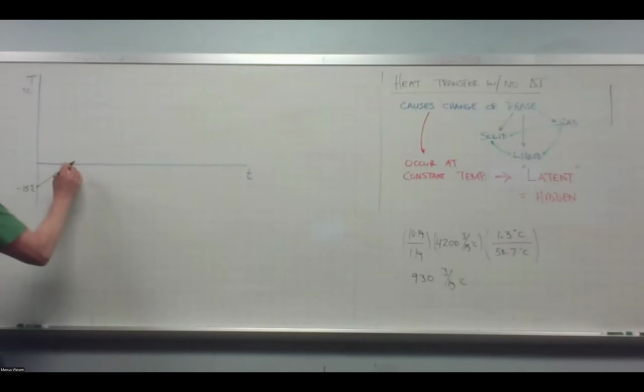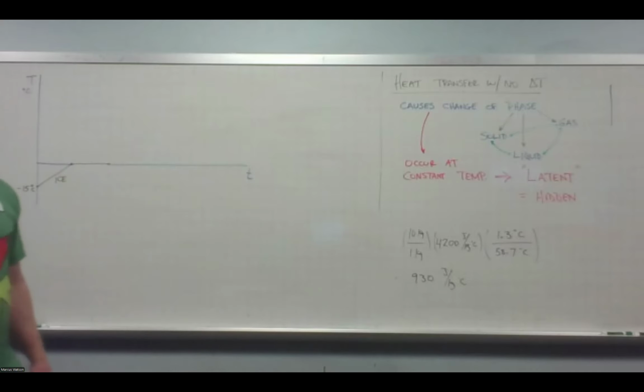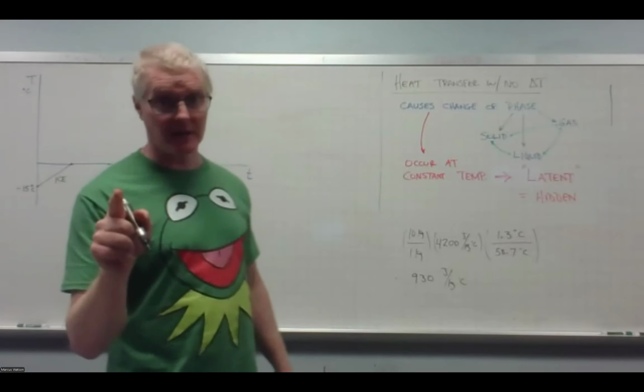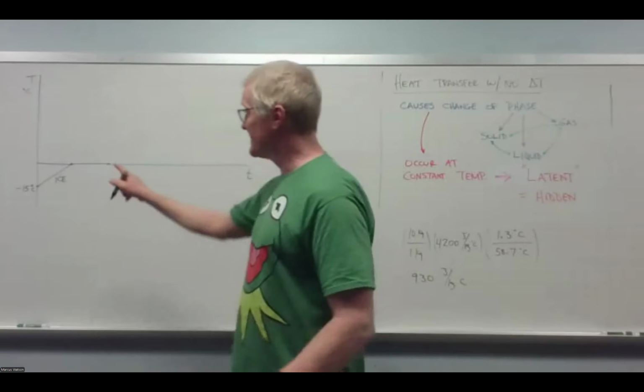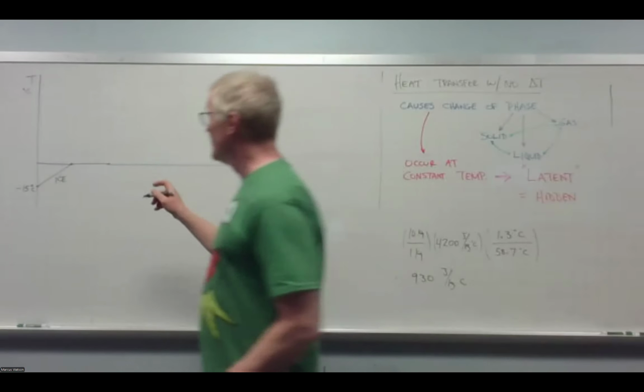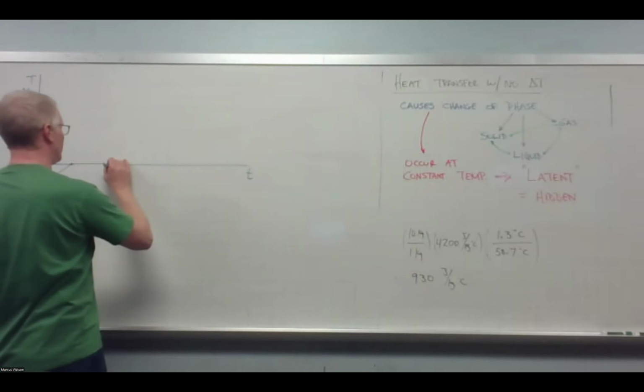It stays here for a ways because it's now changing from ice, solid water, into liquid water. The temperature is 0 centigrade at that point. When it's now a liquid, we keep heating it up.